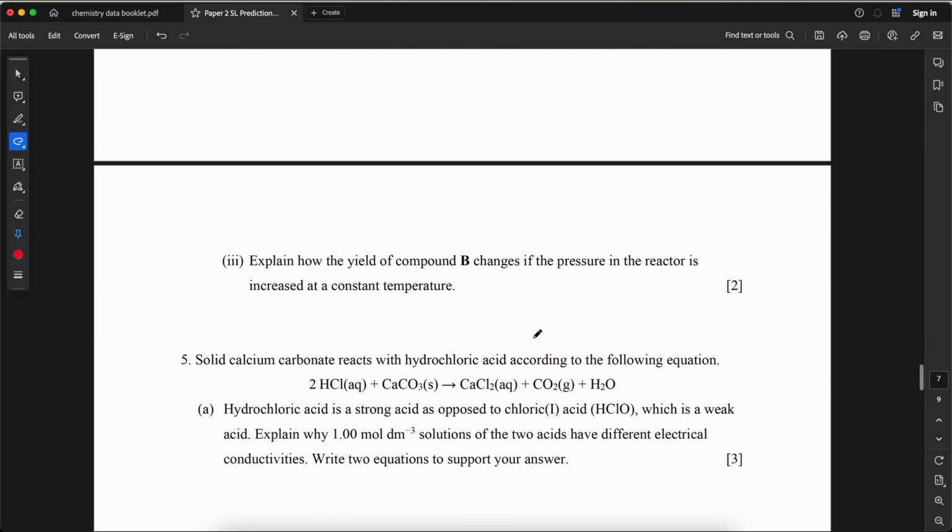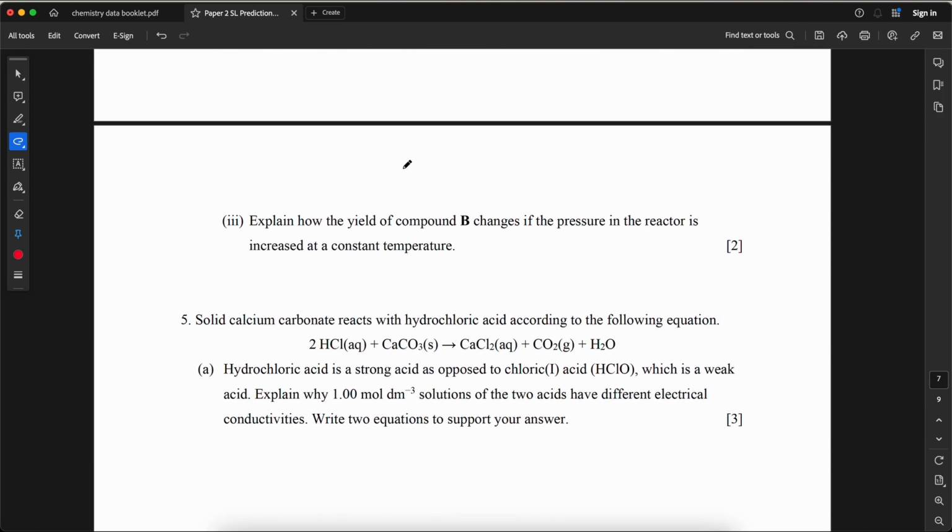Explain how the yield of compound B changes if the pressure in the reactor is increased at the constant temperature. So the reaction is but-2-yne reacts with H2O, produces butan-2-ol. So but-2-yne is a gas and butan-2-ol is a liquid, and this one is a liquid. So we have 1 mole of gas on the reactant, and there is no gas molecule on the product.